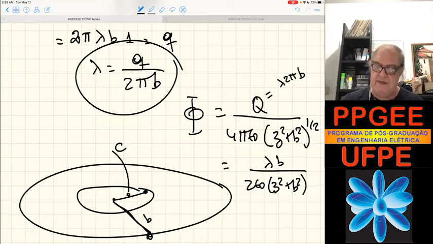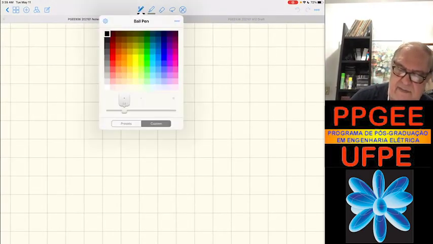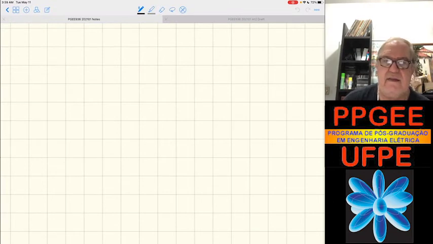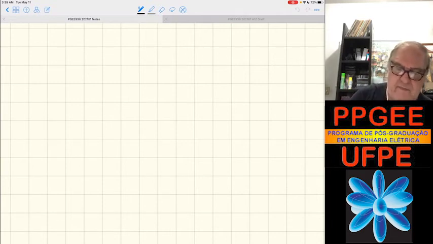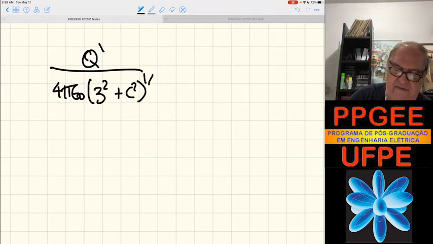The image charged line, the potential is going to be q prime divided by 4 pi epsilon 0 times z squared plus c squared to 1/2.